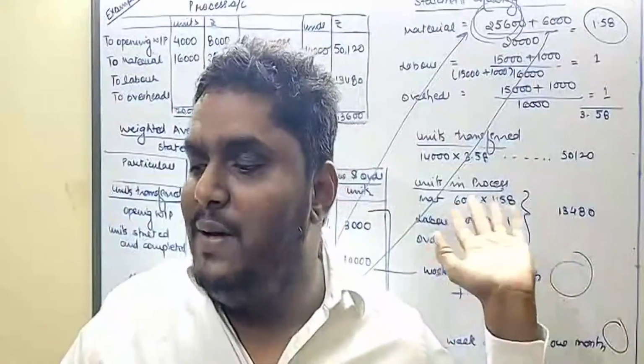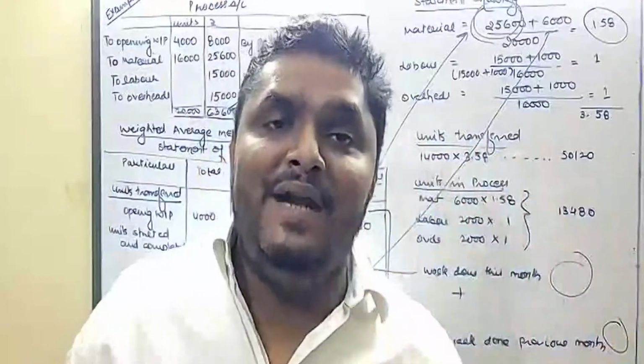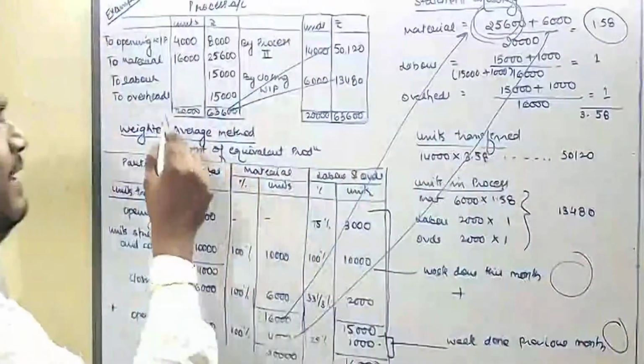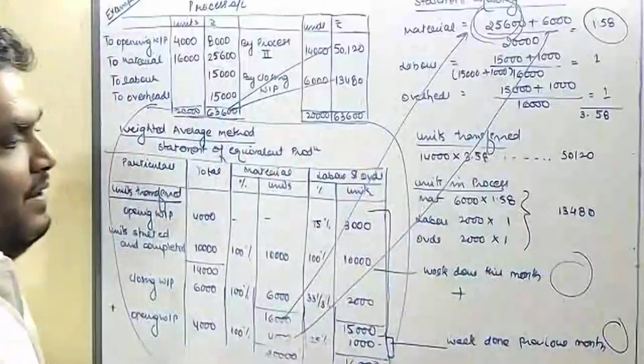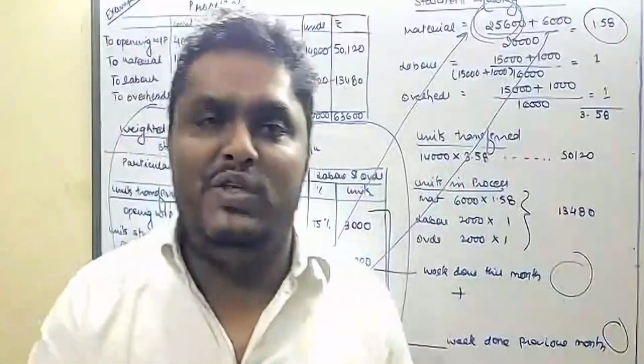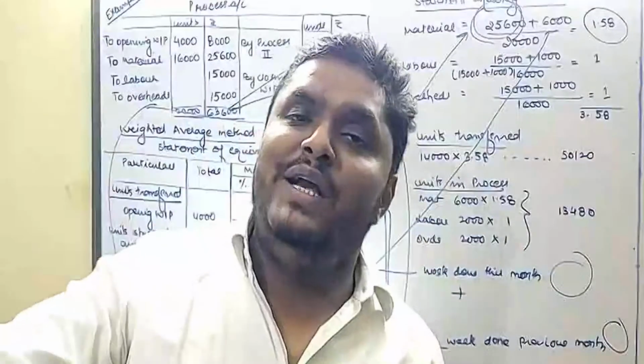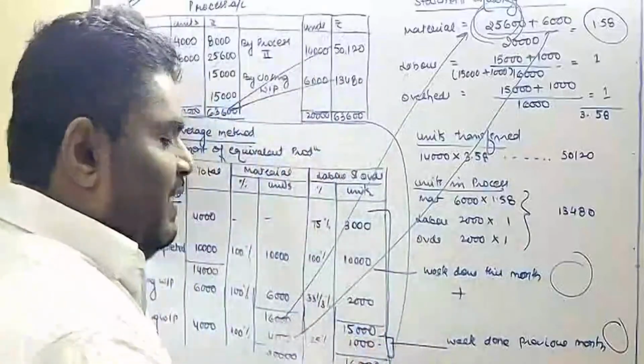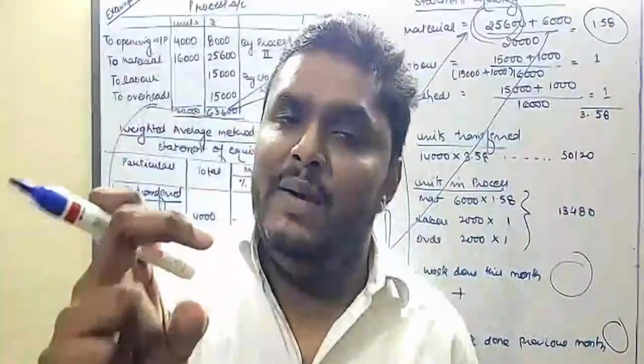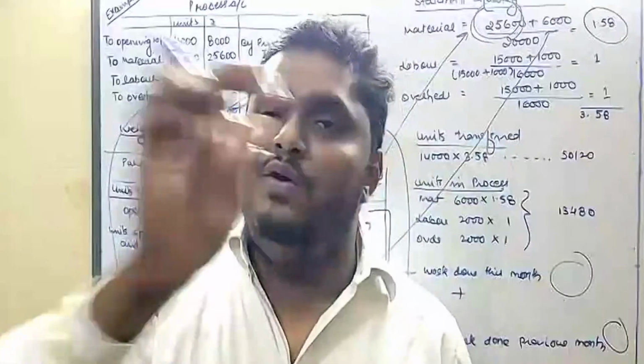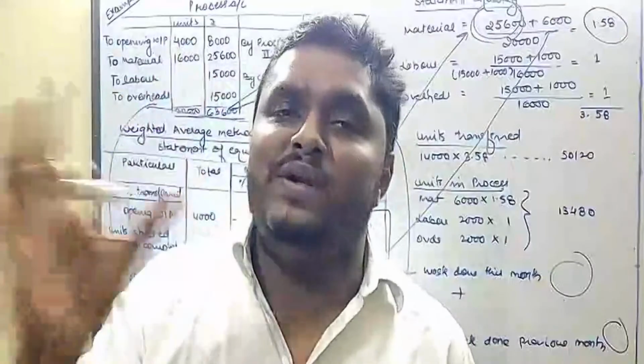Yes, Abdul, you can present the solution in my way, but very important, don't use this approach. Better use the approach what I have discussed before this part. That is, when talking about weighted average method, simply write units transferred, closing work in progress, that's it.